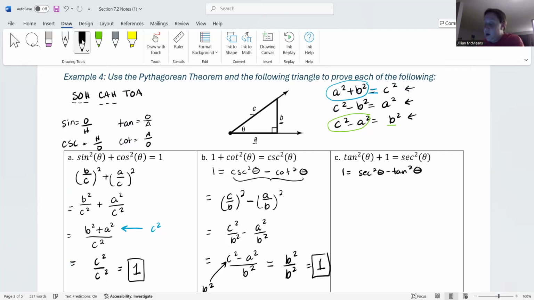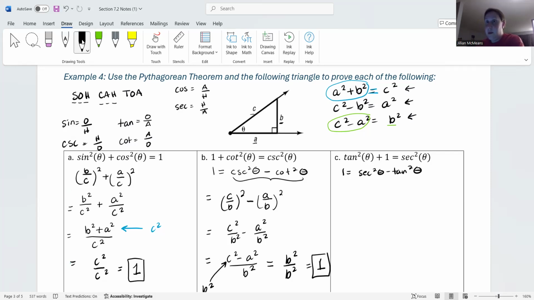Okay, now we know that secant is the reciprocal of cosine, okay? And we know that cosine is adjacent over hypotenuse. That tells me that secant has to be hypotenuse over adjacent, okay? So when we're looking at this right triangle, we have theta. The side adjacent to theta is a, and then the hypotenuse is c.